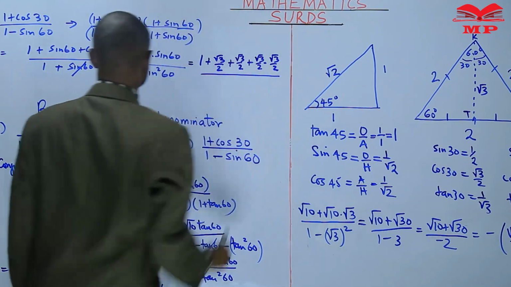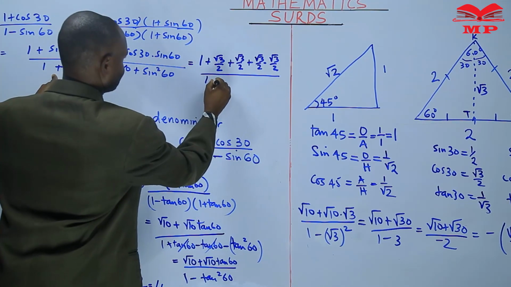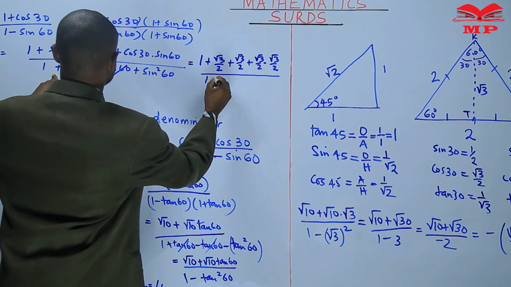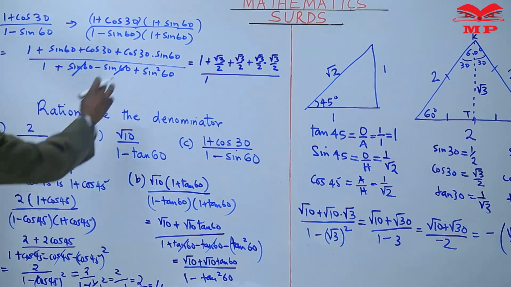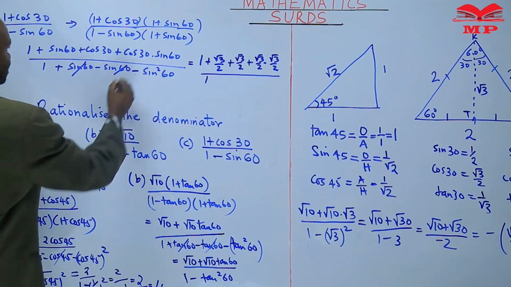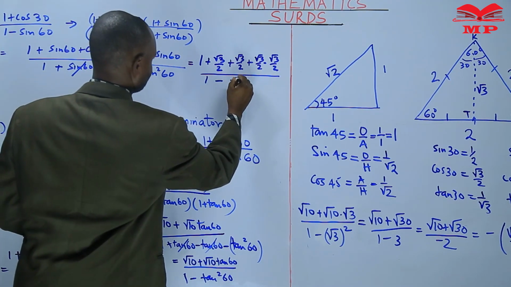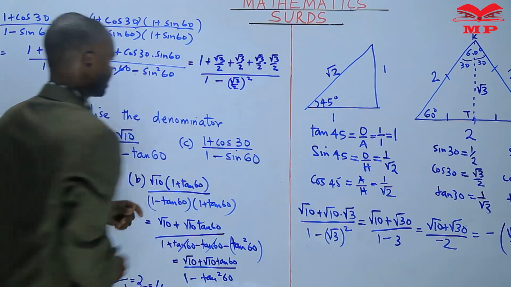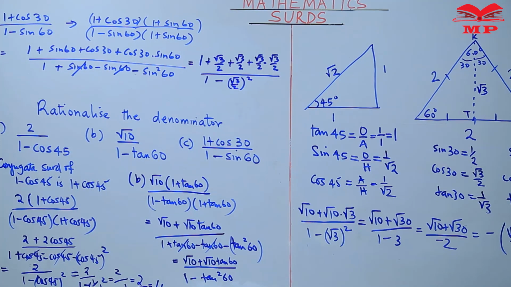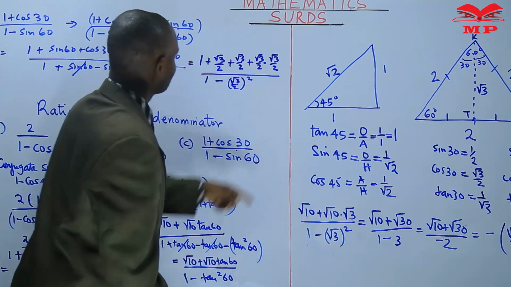All of these I'm dividing by 1. This should be minus square root of 3 over 2 squared. This is a half, a half, a half.